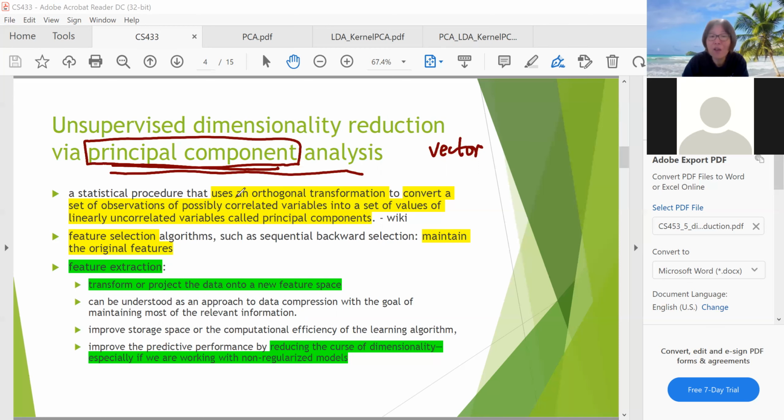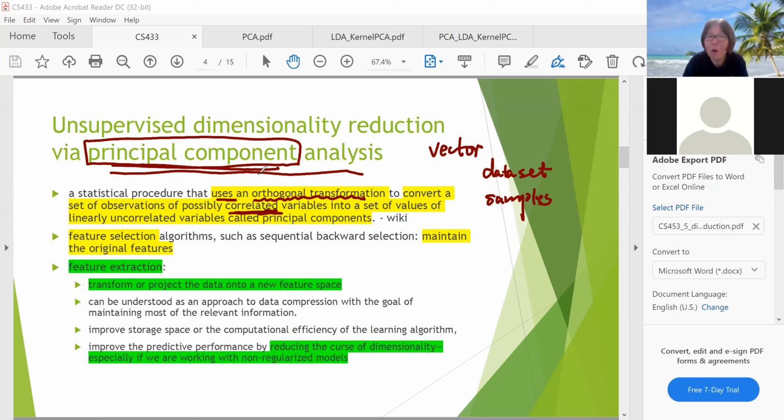It uses orthogonal transformation, and later we will see the math behind it, to convert our samples. Our data set samples are probably correlated in some of the features.